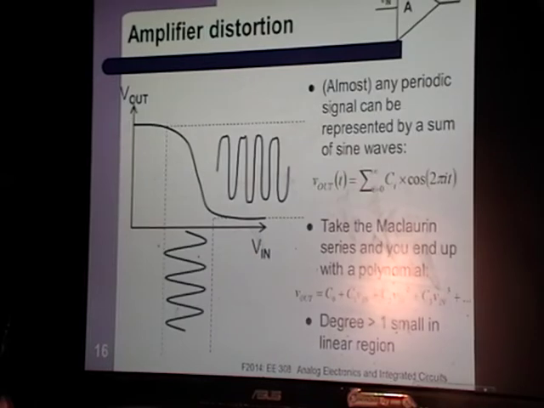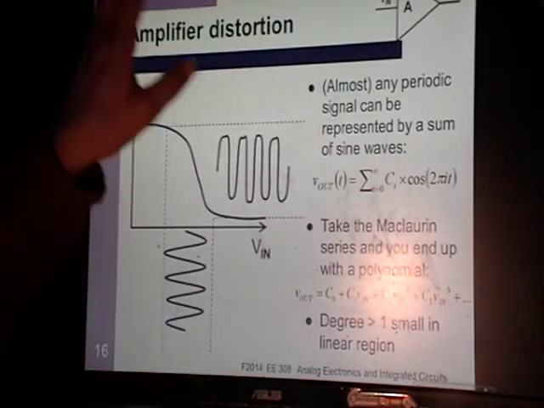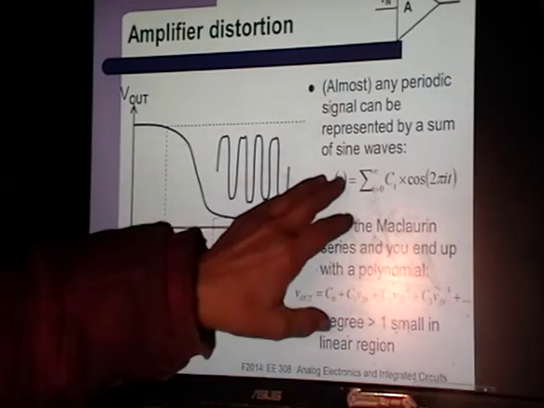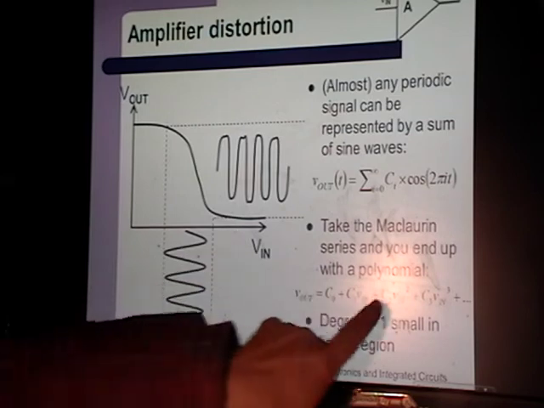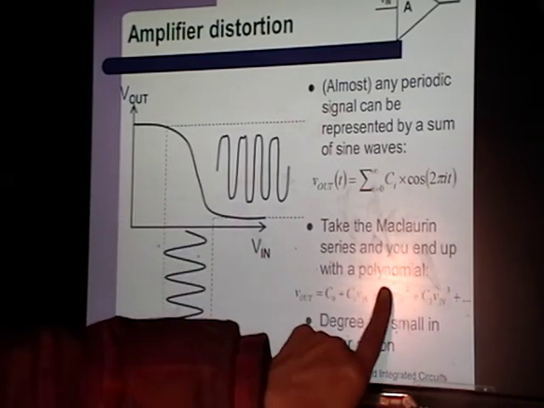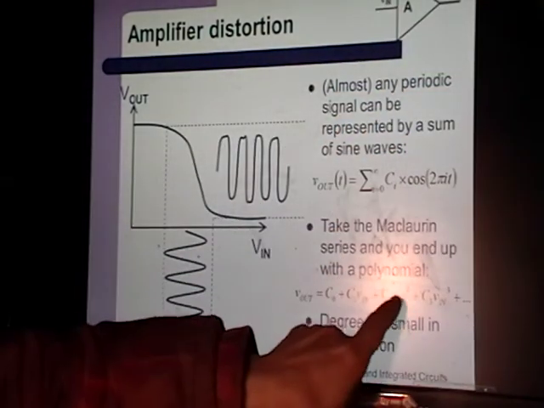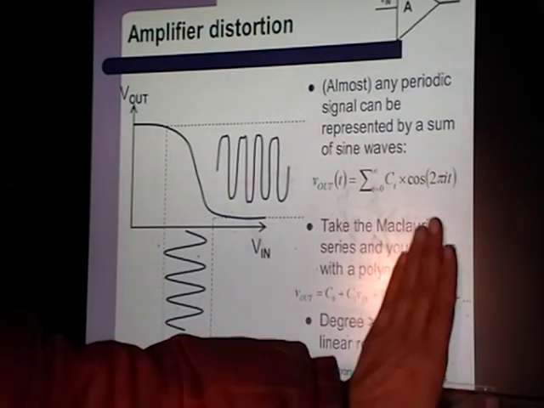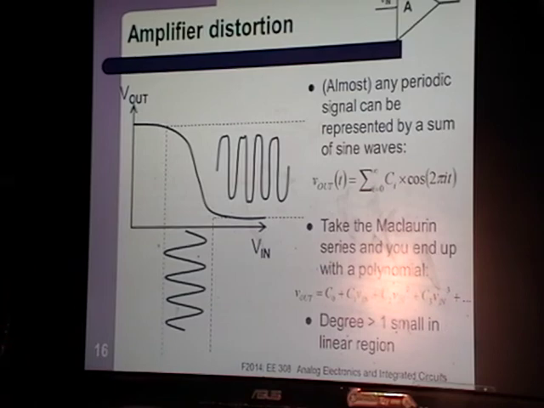Now we come back to part of the small signal definition we talked about in the last video, where if you take the curved parts into account, you get these higher order terms up here, but if you stay in a linear region, then you get rid of the squared, the cubed, all the way out to the Vn to the infinite term, and you end up with a line, and then the math becomes easy.